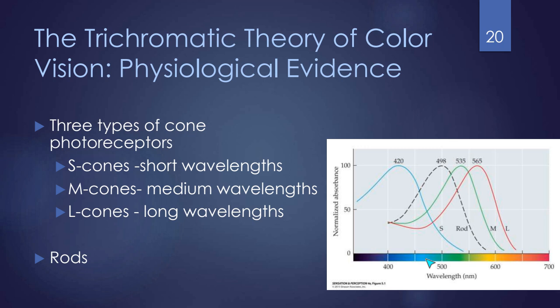So each type of cone will respond to a range of different wavelengths. S cones respond with peak sensitivity to 420 nanometers, but they will also respond to 400, 450, 500, 320 nanometers. The same can be said for the other cone types as well. So we're talking about a range of responsiveness with a peak sensitivity.